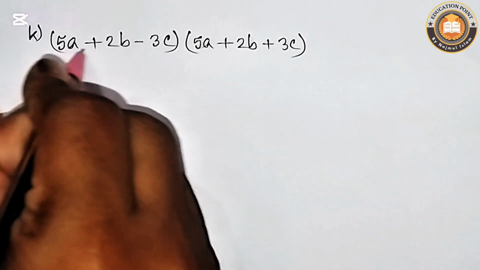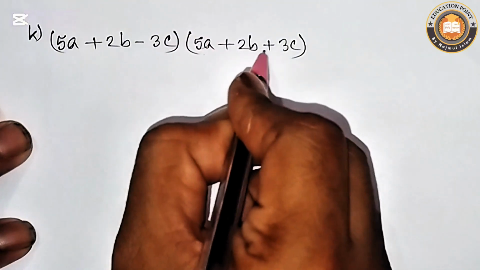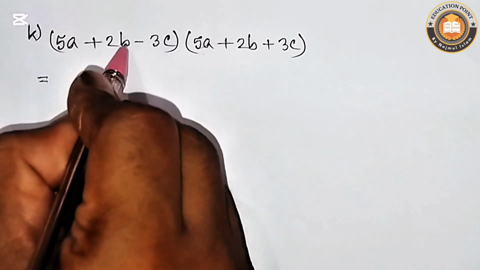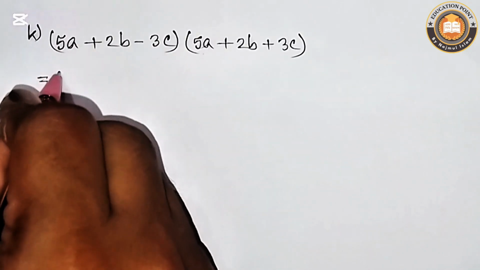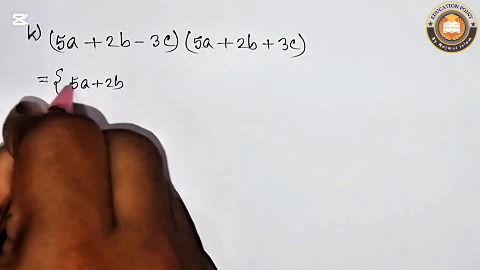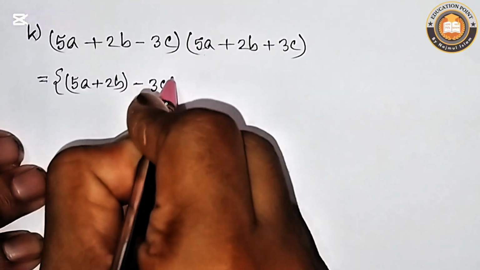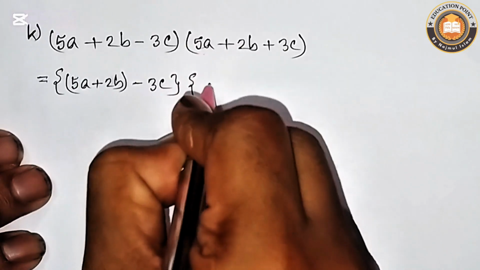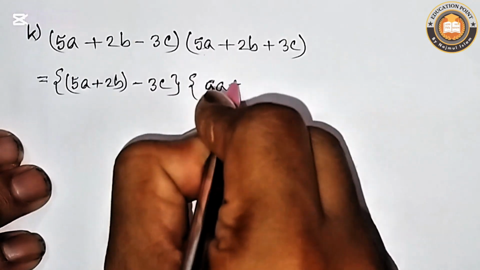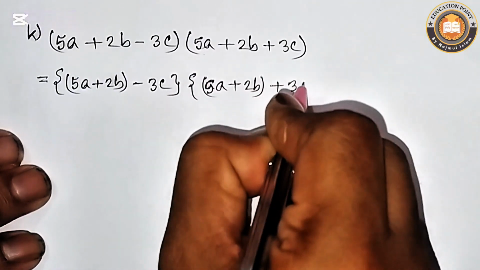Number K, (5a plus 2b minus 3c) into (5a plus 2b plus 3c). At first 3 term convert as 2 term. (5a plus 2b) minus 3c into (5a plus 2b) plus 3c.